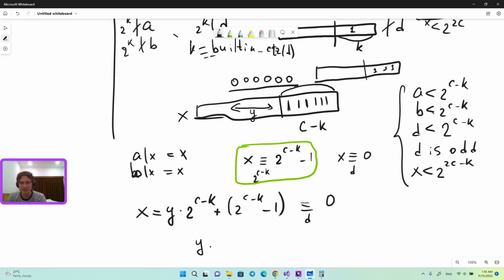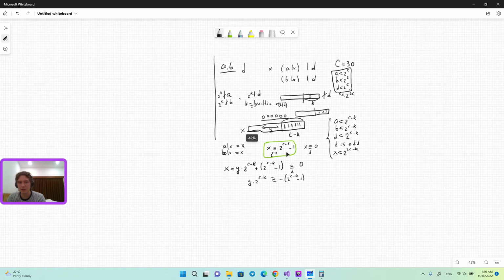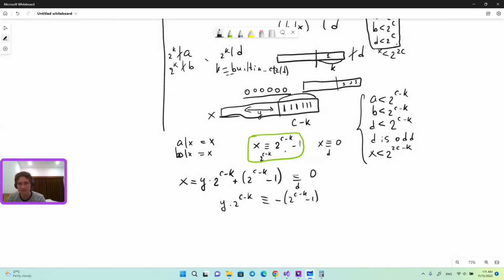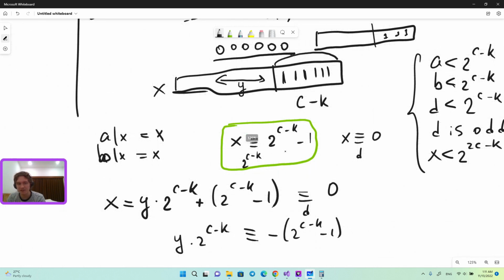So y times 2 to the c minus k is equivalent to minus 2 to the c minus k minus 1. And we can divide modulo d, because this number is a power of 2 and this number is odd.